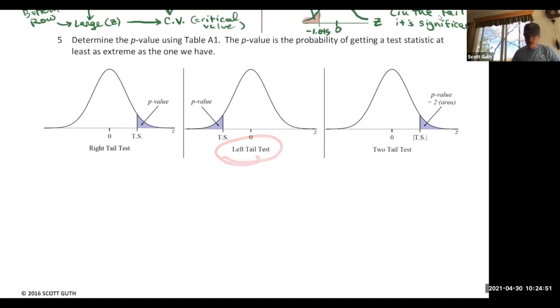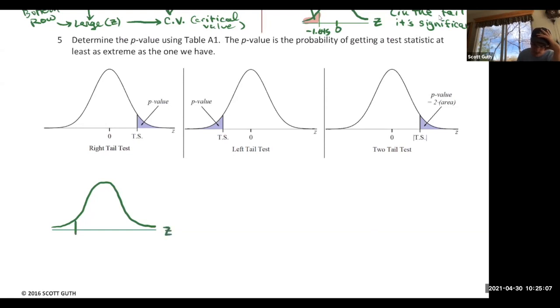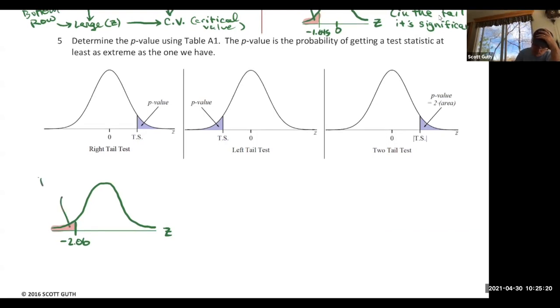So let's just do our probability. This is table A1 for probability. So let me just show you this real quick. So let's draw the picture. Like that. Okay, our z-score was -2.06. The p-value is the probability of getting something at least as extreme as that, which means that low or lower. So this tail right here is our p-value. Then if you go to table A1, this is the very first probability table we learned.